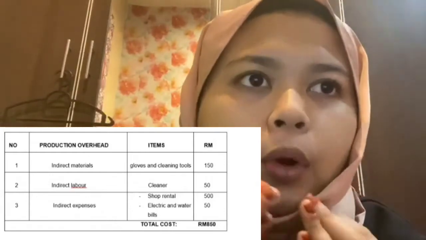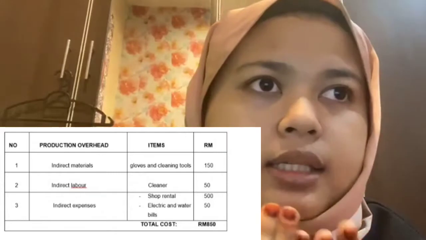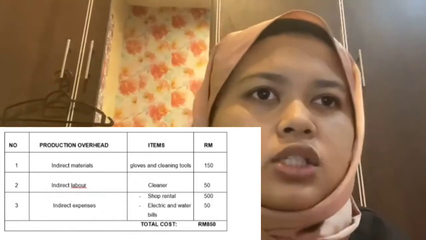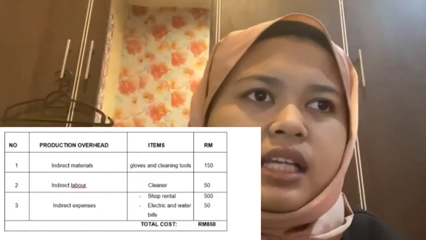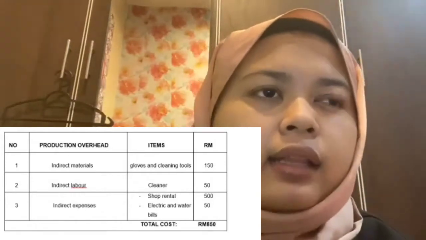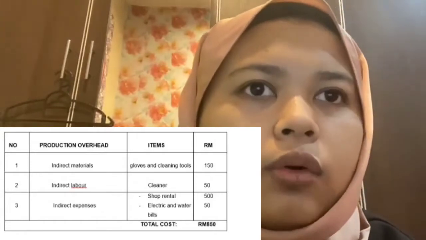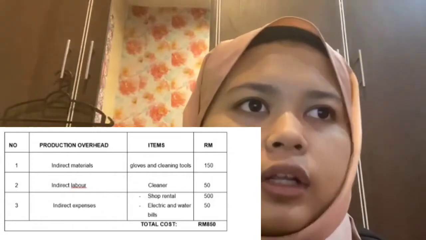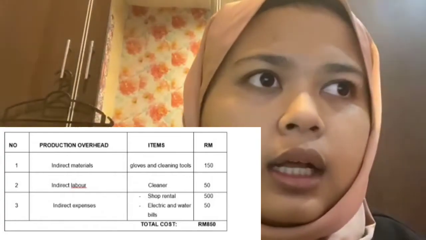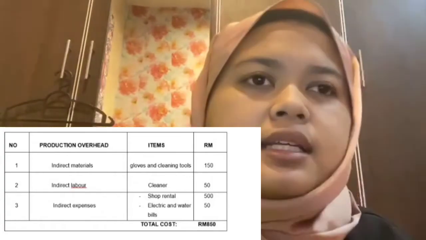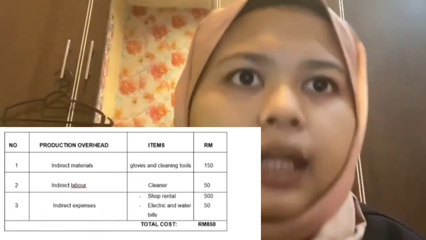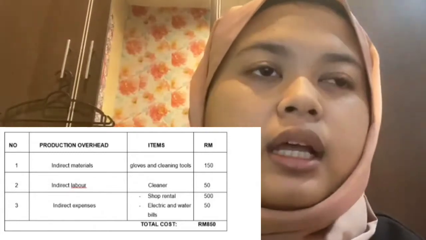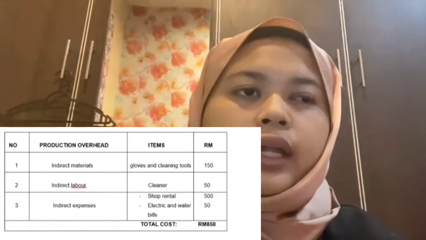If the expense is related to production, we will treat it as a direct expense, whereas if the expense is related to maintaining the business, it will be known as an indirect expense. Thus, the total cost for the indirect expenses includes rental of space at 500 ringgit per month, and electric and water bills at 50 ringgit per month.